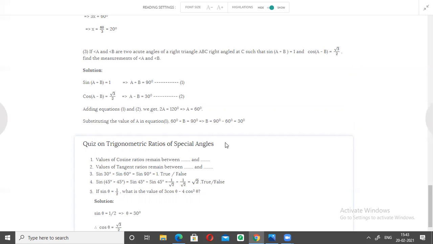Not defined means it will go to any higher value, so positive infinity.